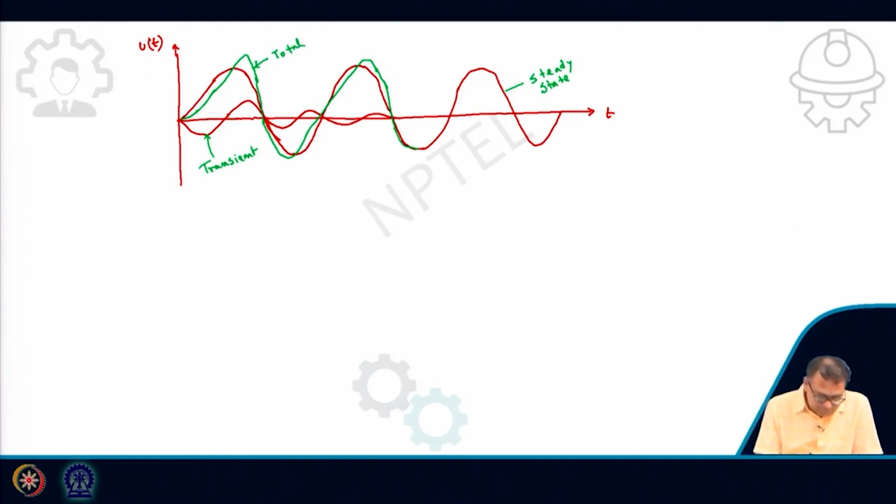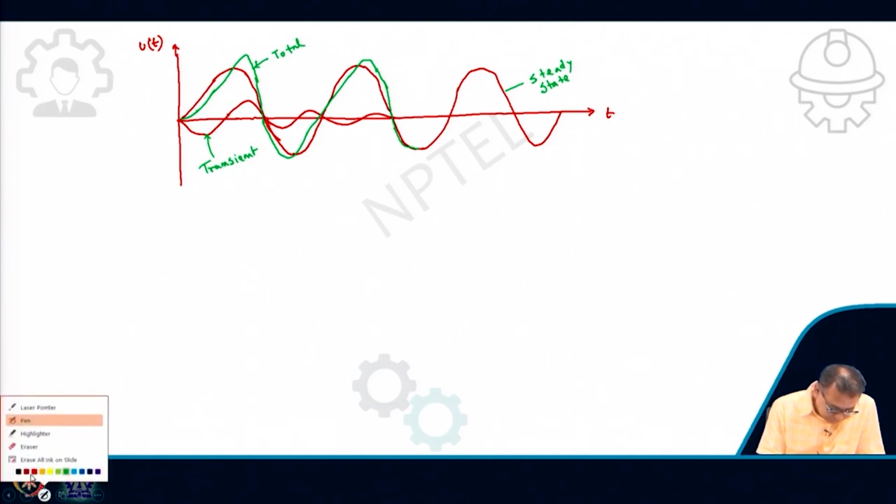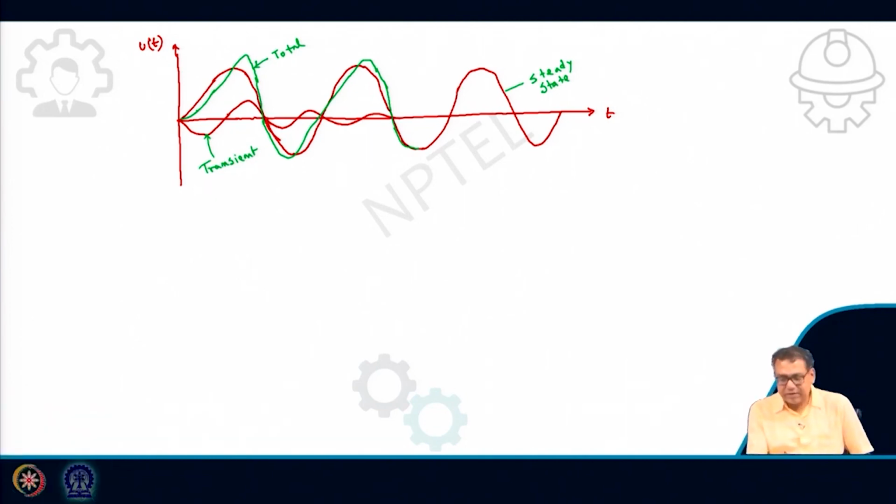Okay, the green one is the total. So you can see that the steady state part will remain after the transient part dies out.